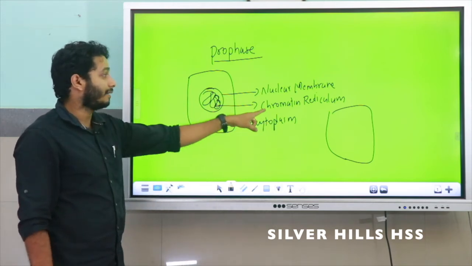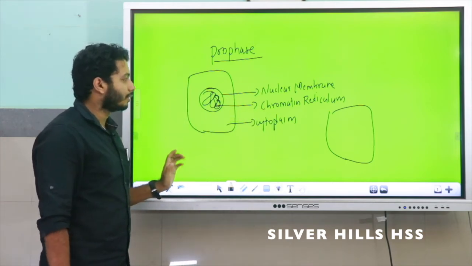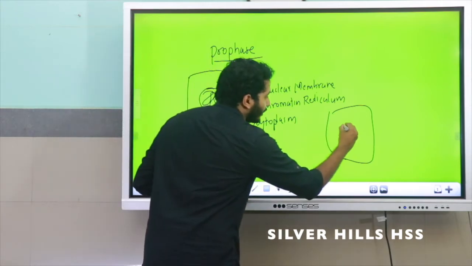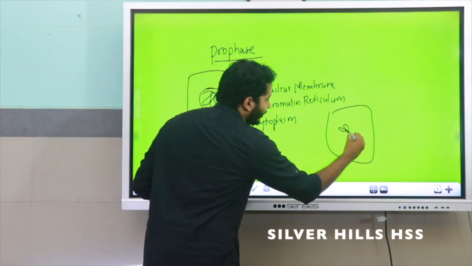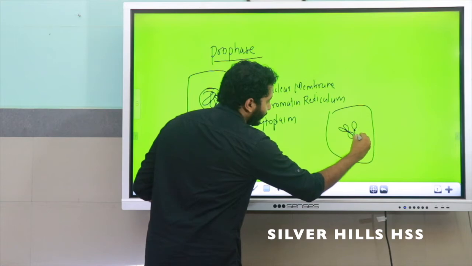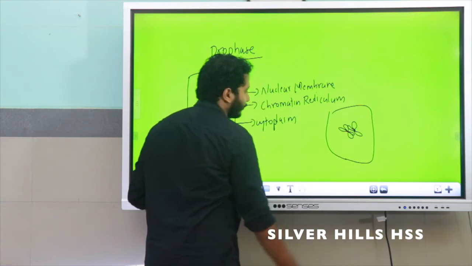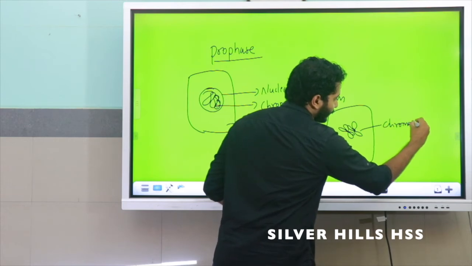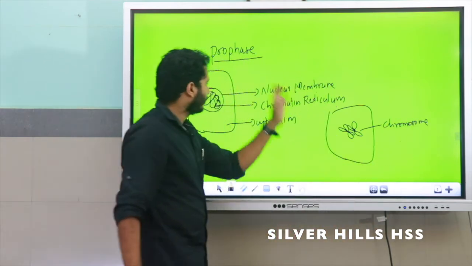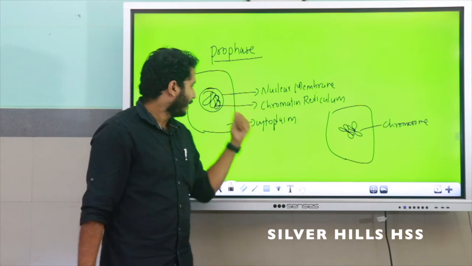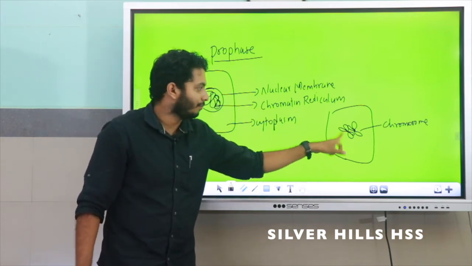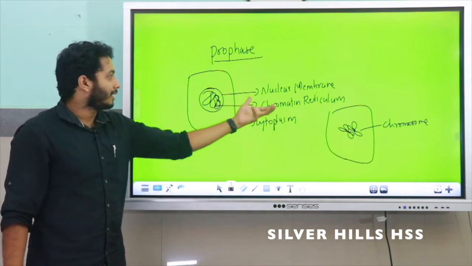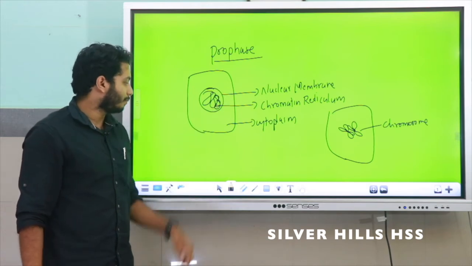I repeat, the chromatin reticulum condenses to form chromosomes. Here in this diagram, the nuclear membrane is absent and the chromatin reticulum condenses to form chromosomes. So, these are the changes that happen during the prophase.